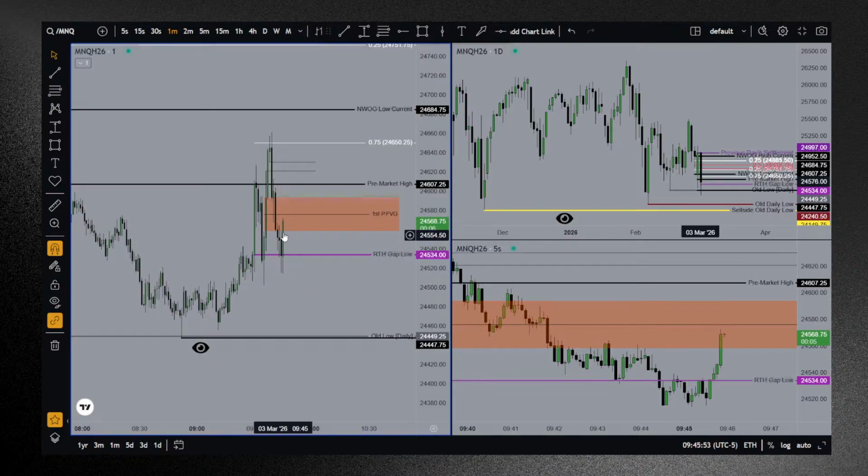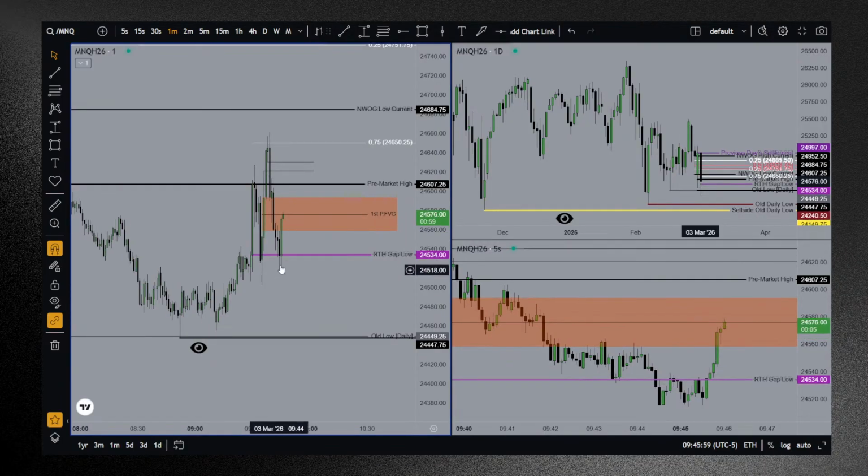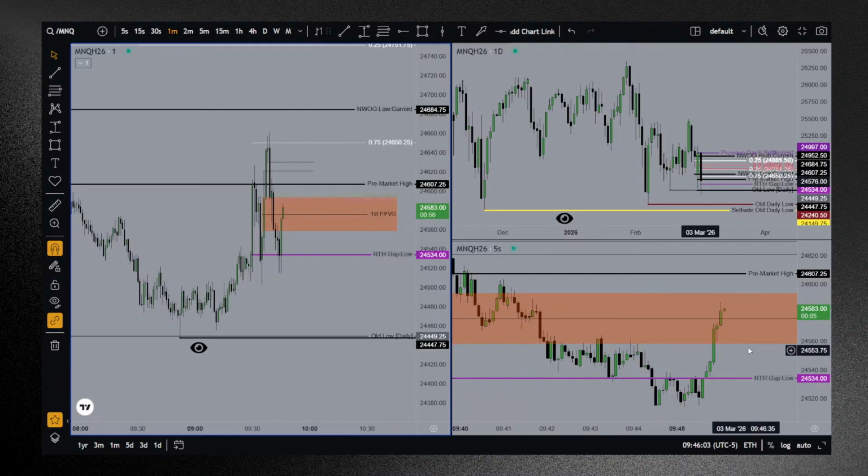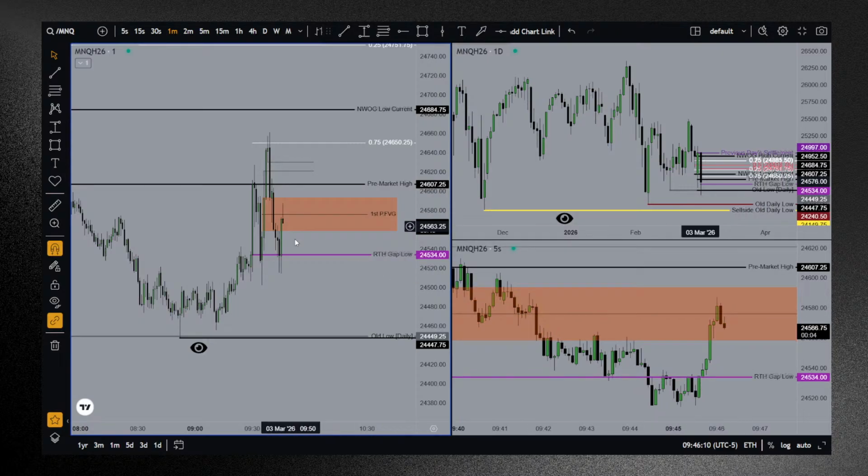Alright, so we see a return into this first presentation, and this is very important now because that's a nice large candle trading into it. If it's good, I want to see 5-second or 15-second displacement lower out of the lower half of this.